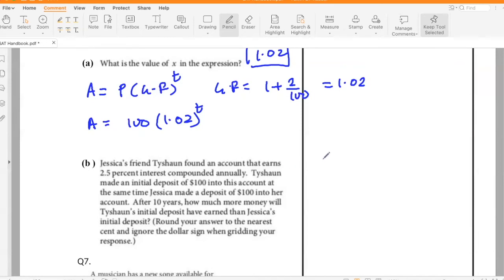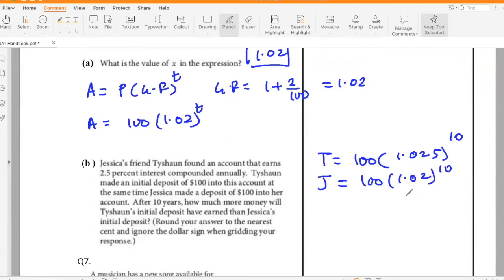Okay, so Tyshawn's deposit would be 100 times 1.025 to the power 10, and Jessica's would be 100 times 1.02 to the power 10. So we have to find the difference.